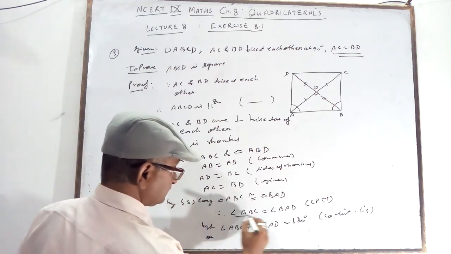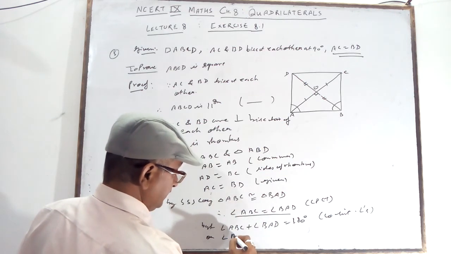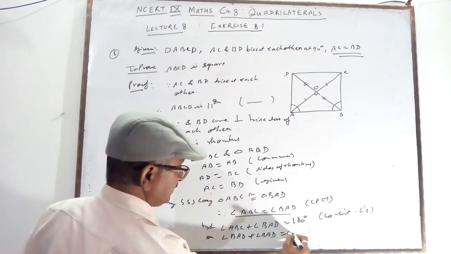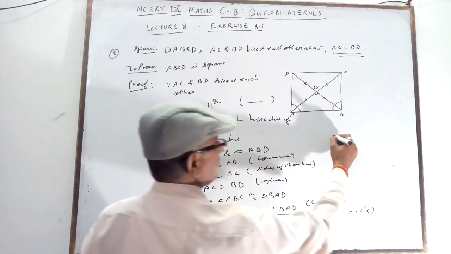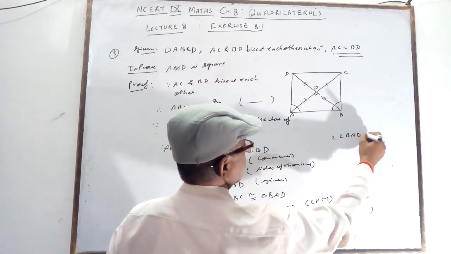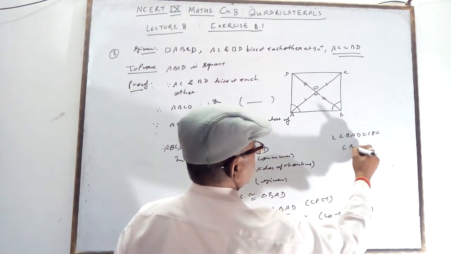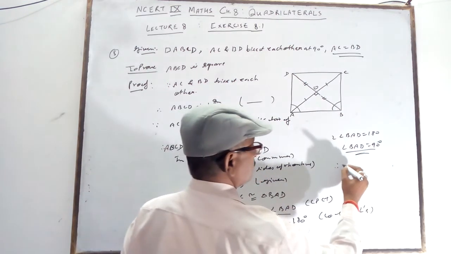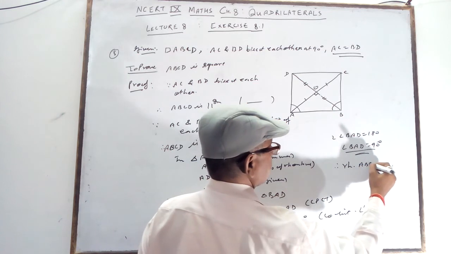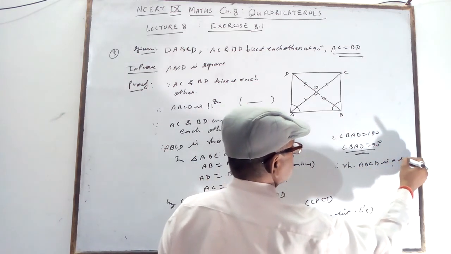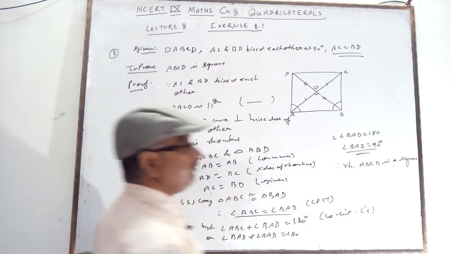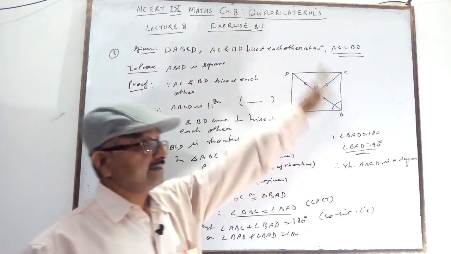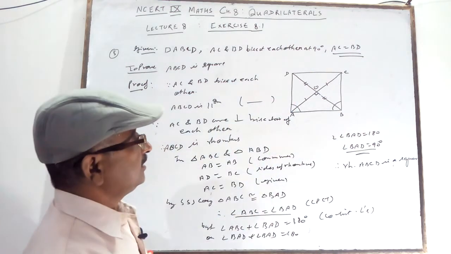By this, angle BAD plus angle BAD is equal to 180 degree. So twice BAD is equal to 180, so angle BAD is equal to 90 degree. Therefore, rhombus ABCD is a square. Why? If one angle of a rhombus is 90, then it becomes a square. That I have told you in the flow chart.